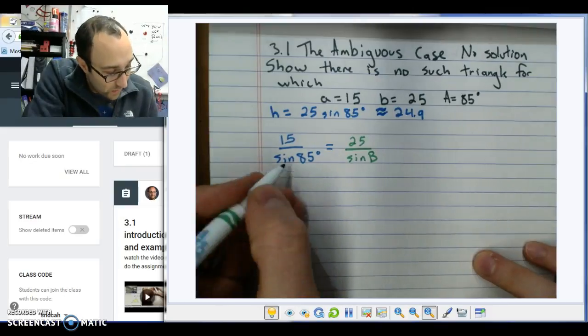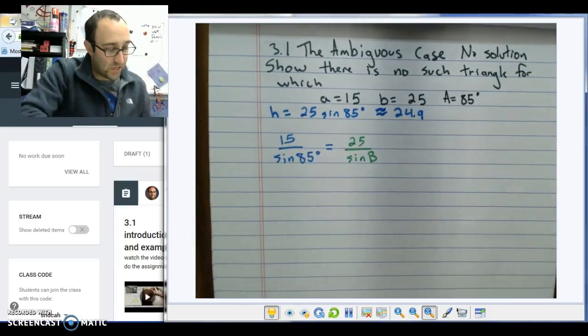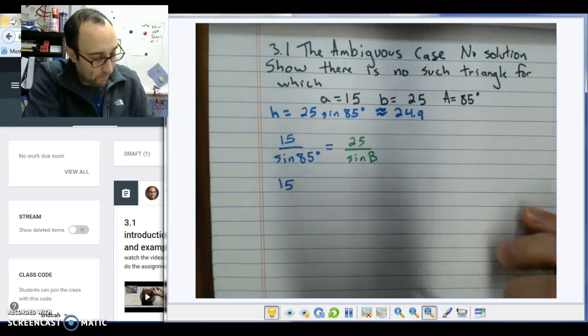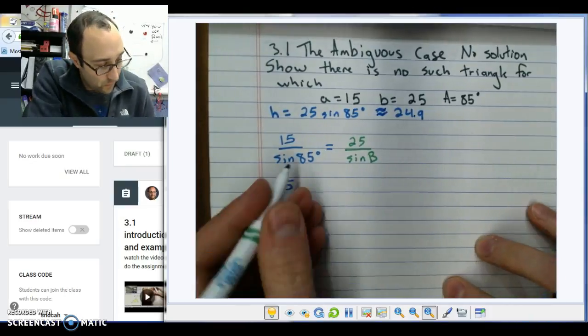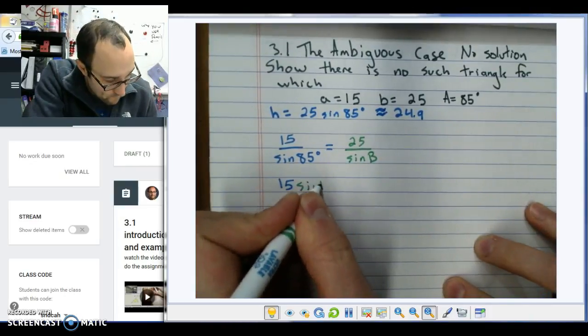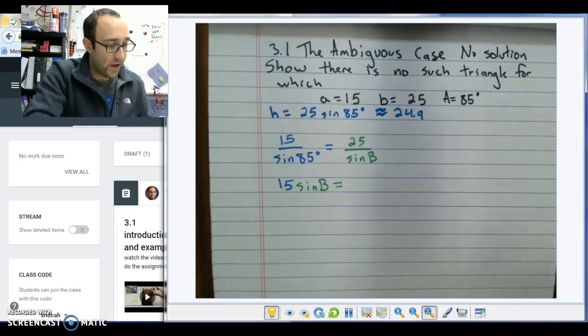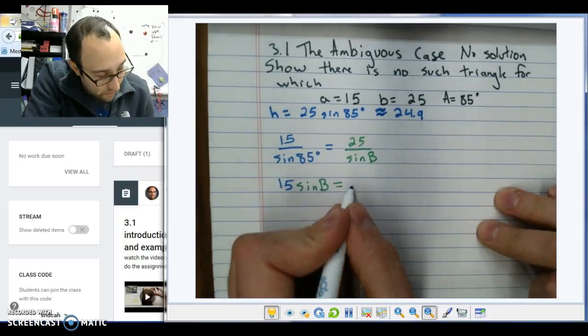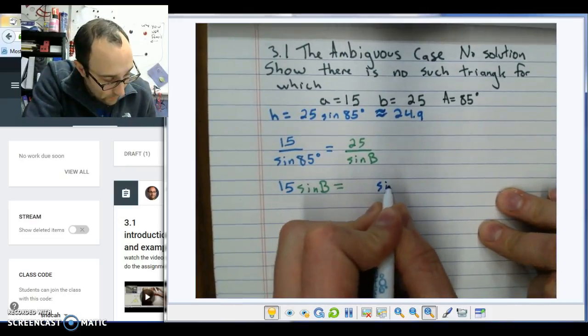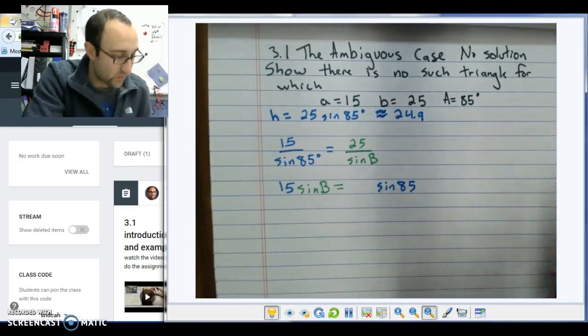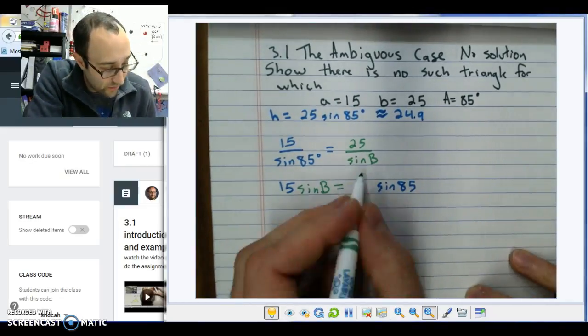We don't want to do that. So it's going to be 15 sine B equals 25 sine 85. And we'll just do that part first and do the 25 here.